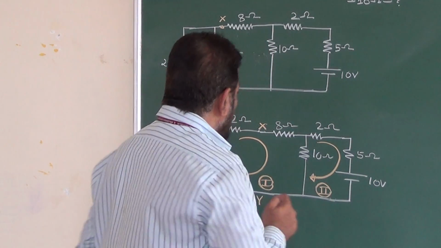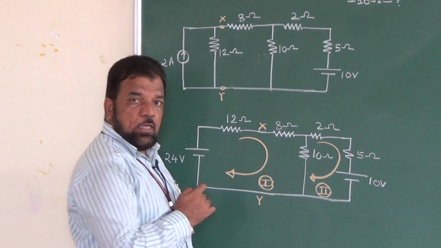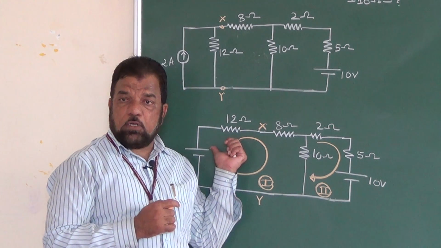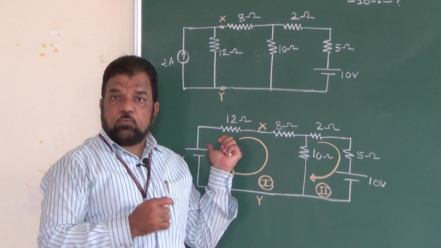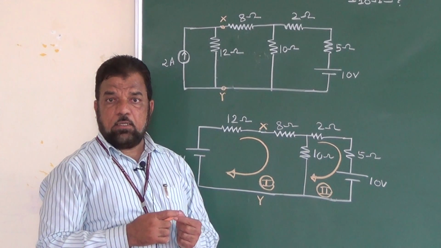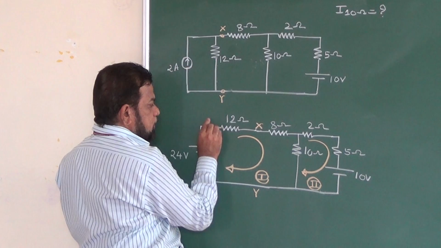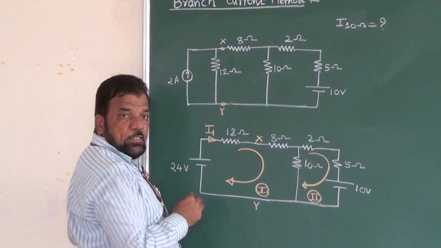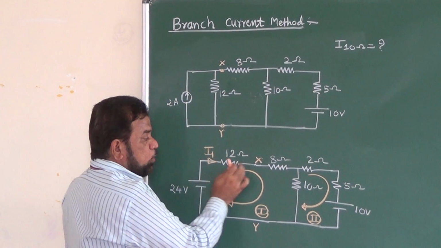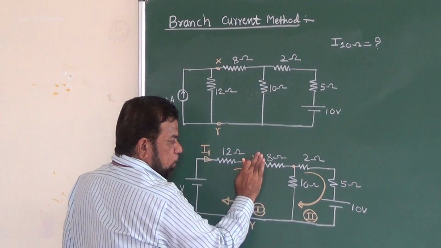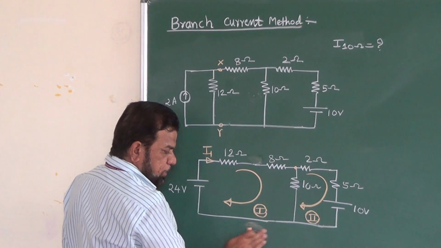How do we assign the branch currents? When I am taking the number of unknowns, the condition is that the number of unknown currents must be equal to the number of loops. So I start with this as I1, the current that is delivered by the battery. I'll just remove this X and Y, we don't need them.